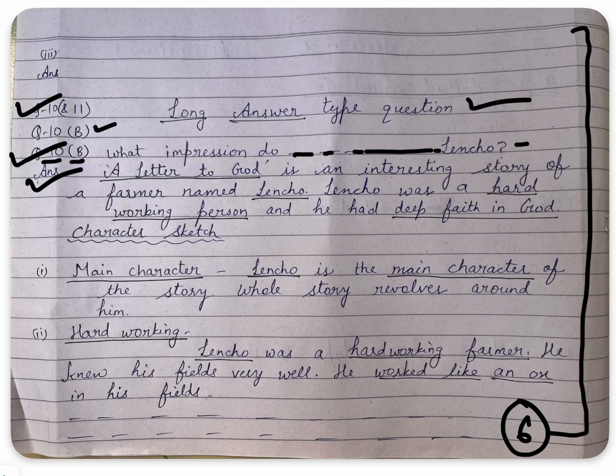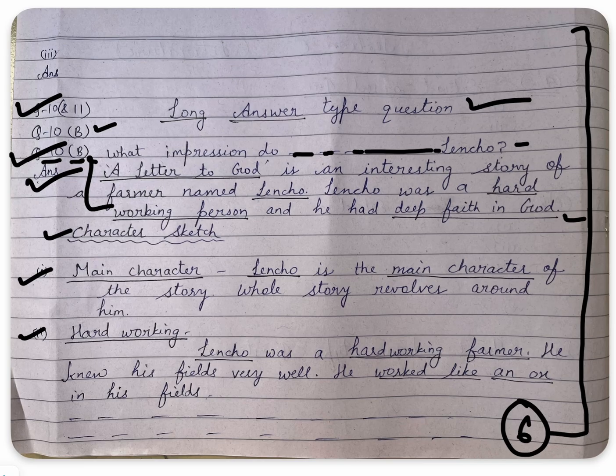So in the answer, first of all I have used general lines. A Letter to God is an interesting story of a farmer named Lencho. Lencho was a hardworking person and he had deep faith in God. Then for the character sketch, I have mentioned 2 points, and then so on, that means you have to mention different points related to the character sketch. One more point I would like to mention here.